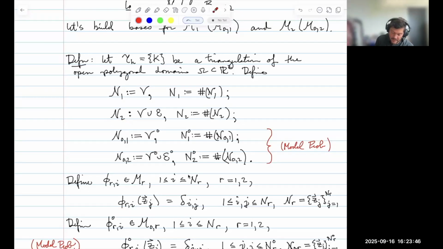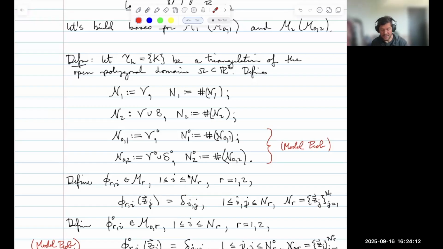The number of points in this set is what I'm going to call N1. That's the number of things in there, also called the cardinality of calligraphic N1. And likewise, N2 is going to be the number of points or the cardinality of the set calligraphic N2.